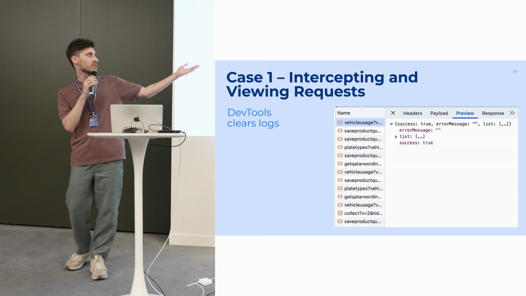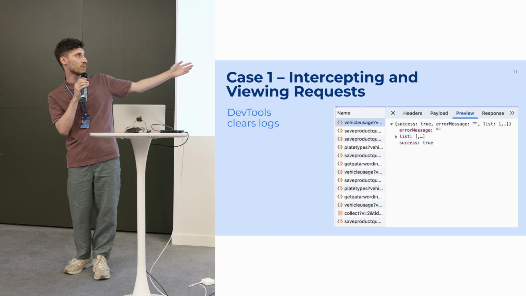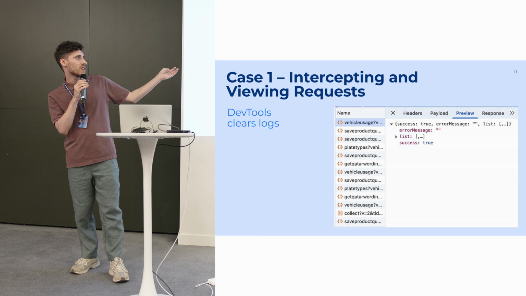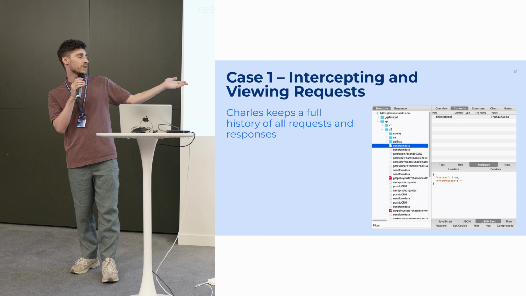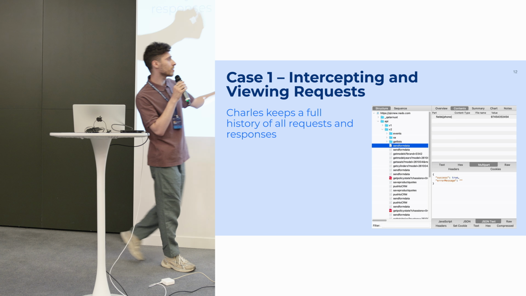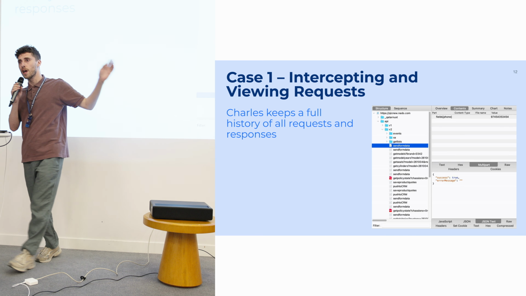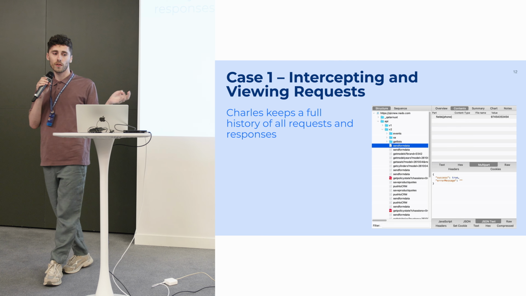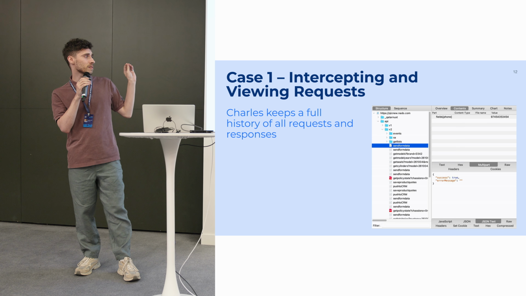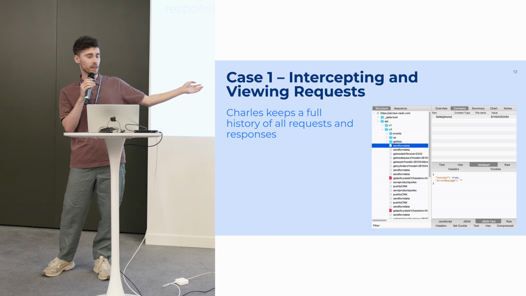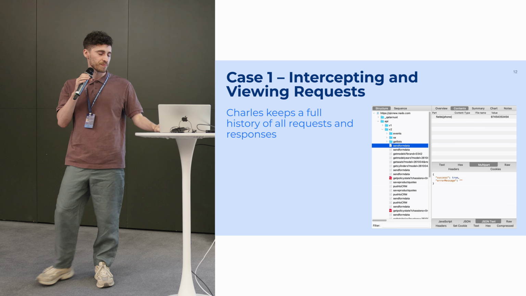As you can see, more than half of the responses we will not find there. And here, on the next slide, we see Charles Proxy, and you can see that for every request we can find all responses. Not only requests and responses, we can also find headers, cookies, and a lot of data which is in API requests.